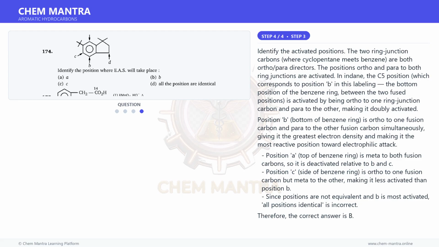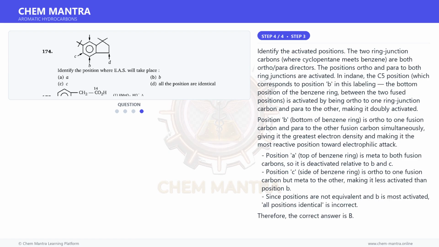The two ring junction carbons, where cyclopentane meets benzene, are both ortho-para directors. The positions ortho and para to both ring junctions are activated. In indane, the C5 position, which corresponds to position B in this labeling, the bottom position of the benzene ring between the two fused positions, is activated by being ortho to one ring junction carbon and para to the other, making it doubly activated.